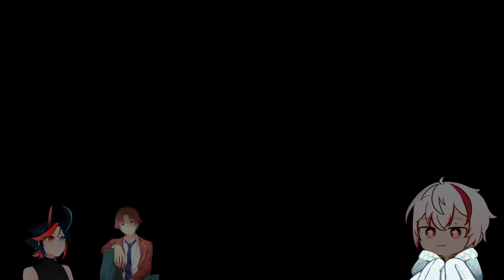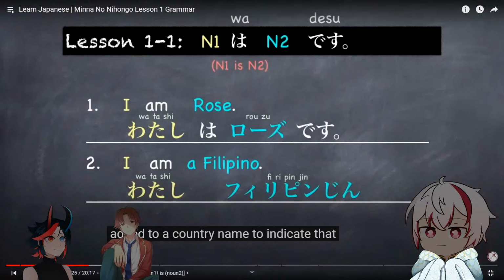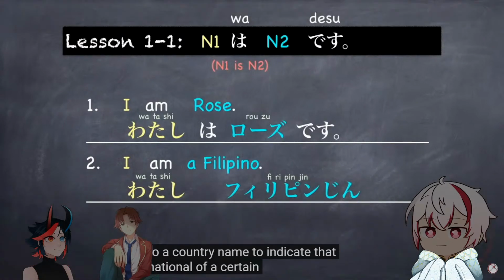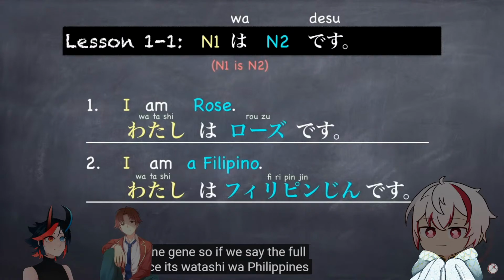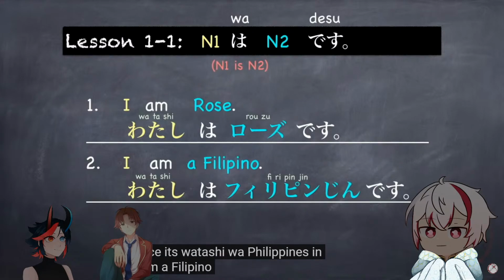Jin is a suffix added to a country name to indicate that I am a national of a certain country. So Philippine-jin. So if we say the full sentence, it's Watashi wa Philippine-jin desu. I am a Filipino.